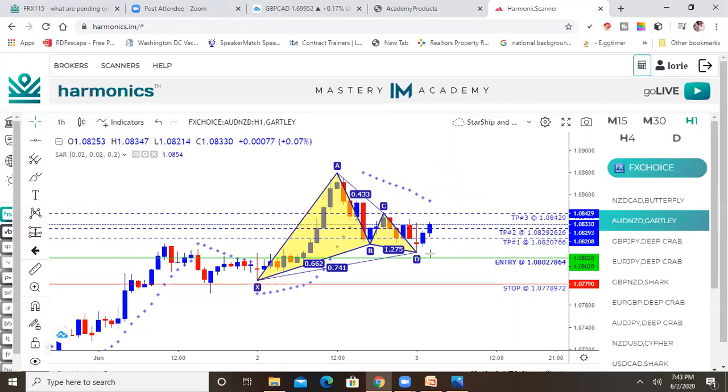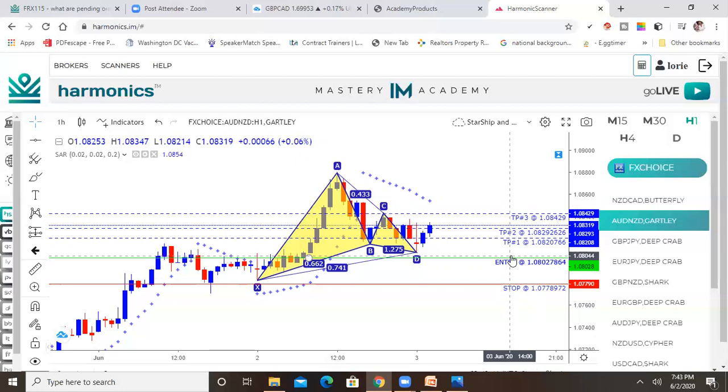I'm looking for the letter D because this is where it's projecting it to move. Now in this particular case, I see the entry price is here, 1.0802. I see the take profits are now above my entry. Remember, now you're going in the opposite direction. Price is forecast to go up. So now you're looking for a buy opportunity.